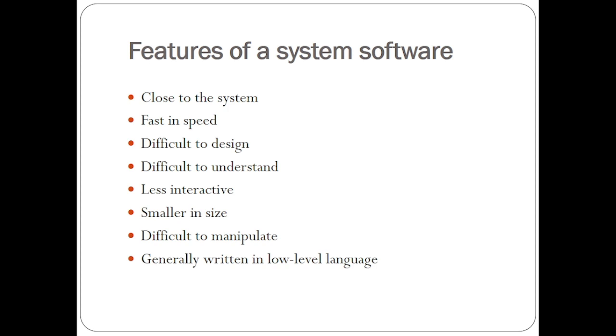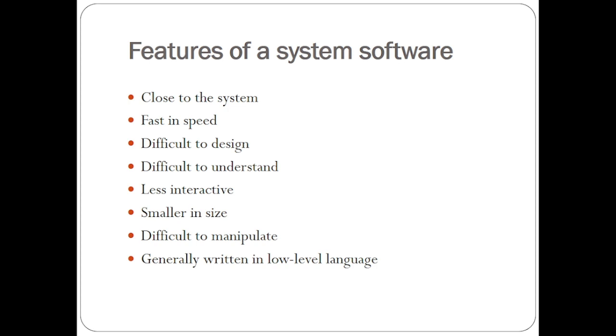Other kinds of software are easy to design. They are also difficult to understand. We have few operating systems, which can tell us why they are difficult to understand. They're less interactive, right?